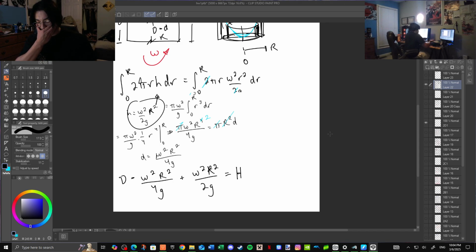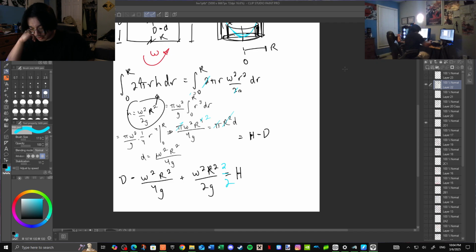So we need to find the angular velocity. What we do here is subtract D from both sides. We get H minus D on that side. Then we combine these two values together, so we multiply this by 2 over 2 to make common denominators, and on the bottom you get 4g.